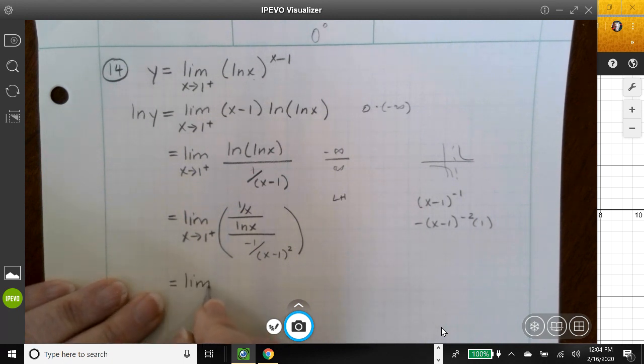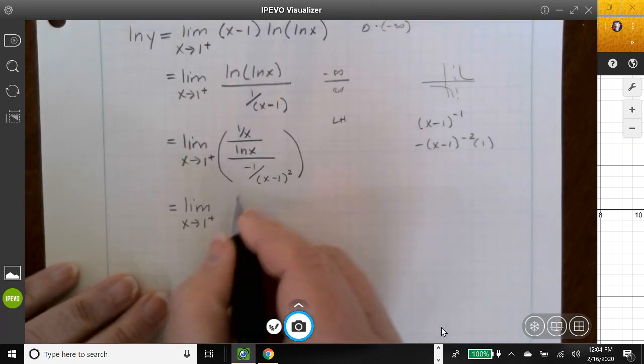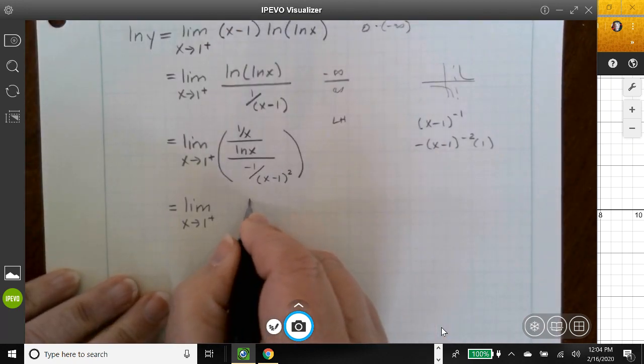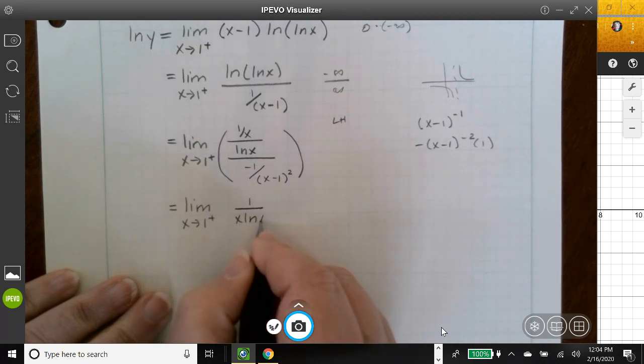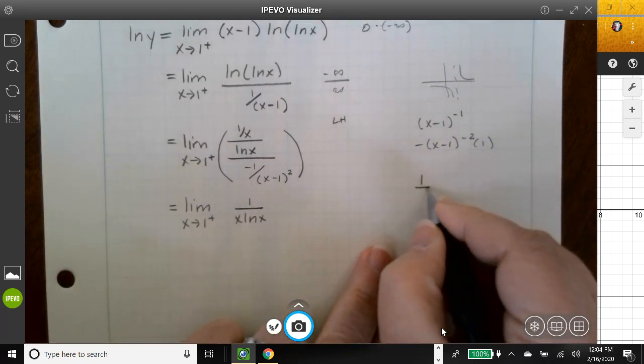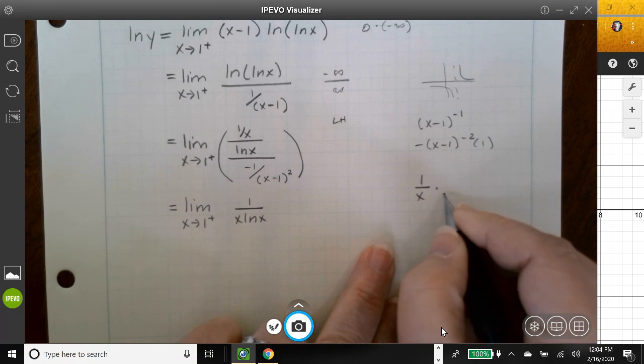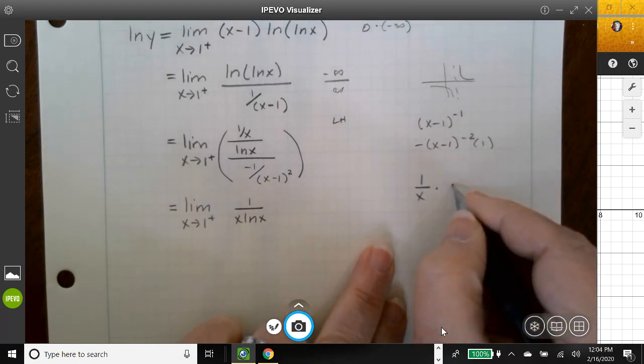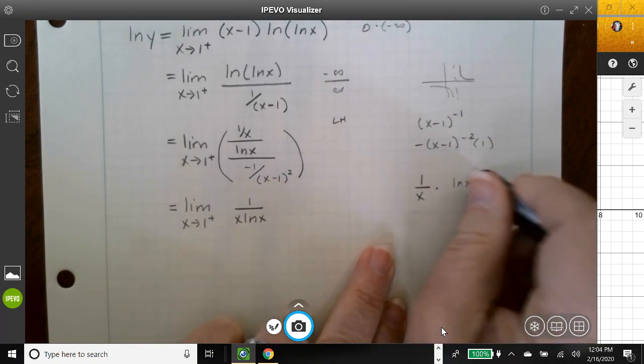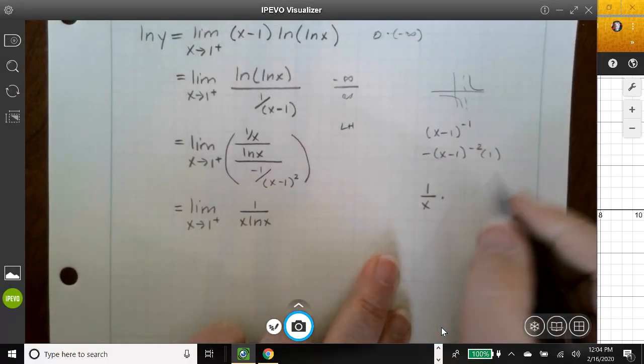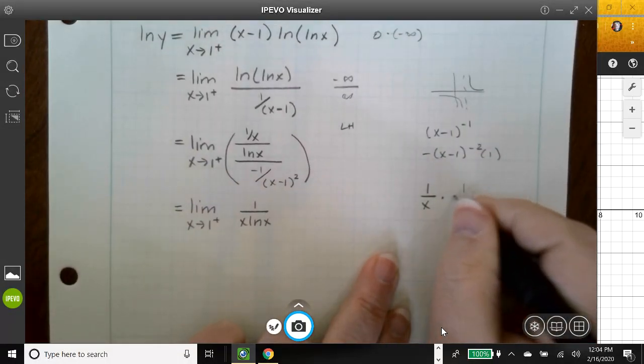The limit as x goes to 1 from the plus side of, let's do some simplifying. The numerator becomes 1 over x natural log of x. Before we freak out about that, that's 1 over x times the natural log of x. We're reciprocating natural log of x over 1, which is 1 over natural log of x.